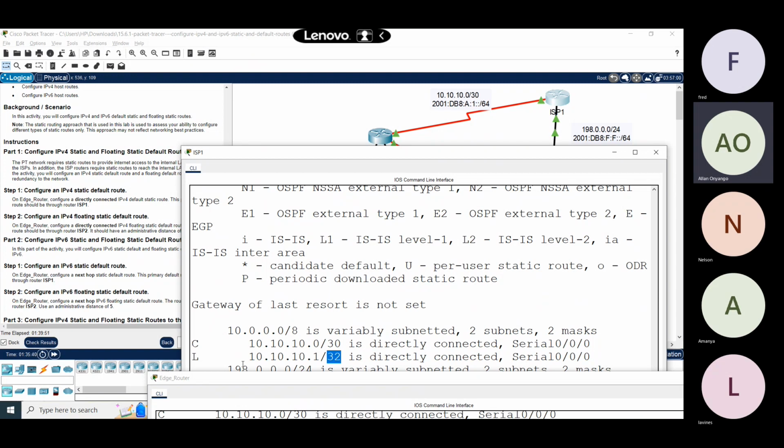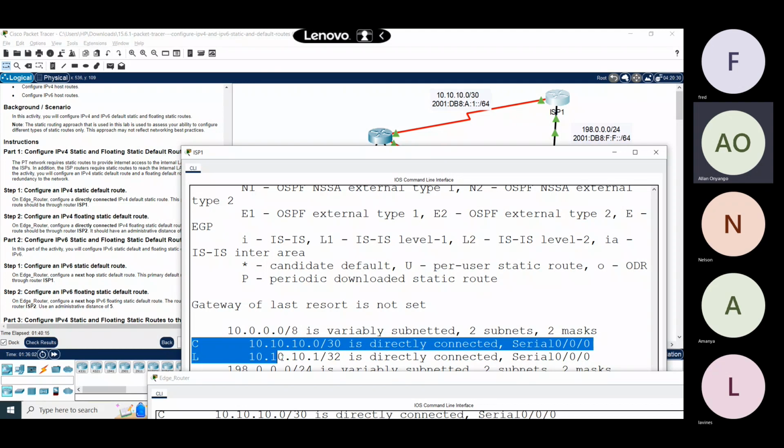But the router will calculate the network address out of the subnet mask and IP address you have configured, and also record a C here with the network address where that IP belongs, and the network address will have the correct subnet mask. So long as you configure an IP address to an interface and activate that interface, two things get recorded, and you can see that from here.